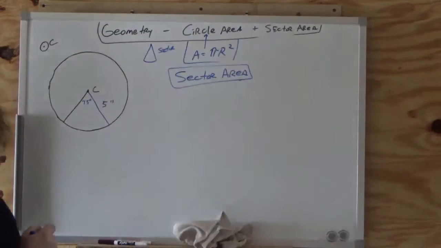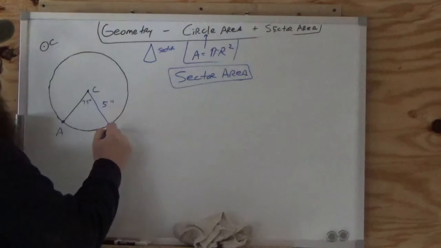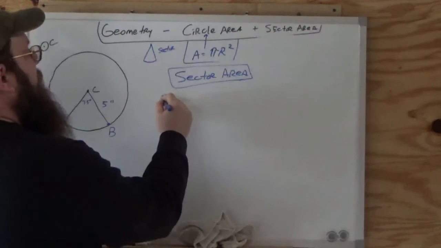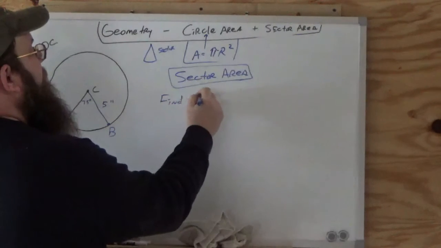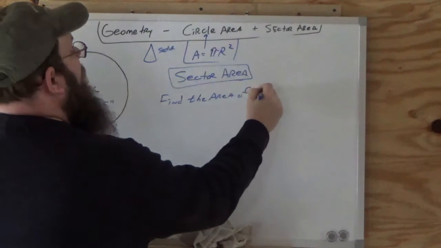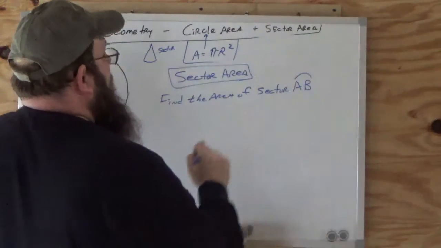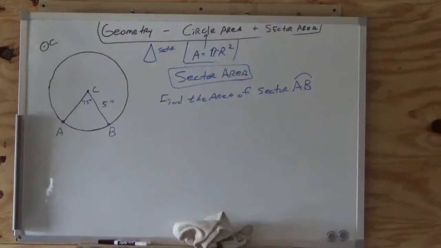Find the area of the sector that's bounded by arc AB. Okay, so we want to find the area of that sector.